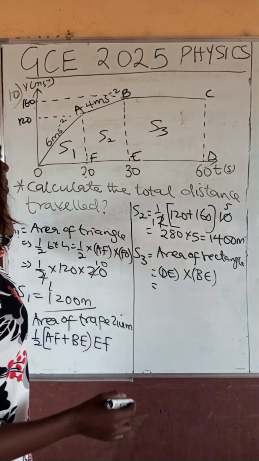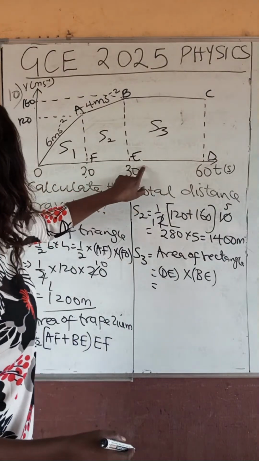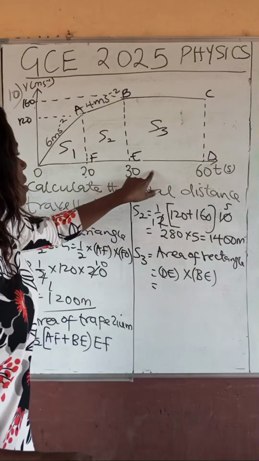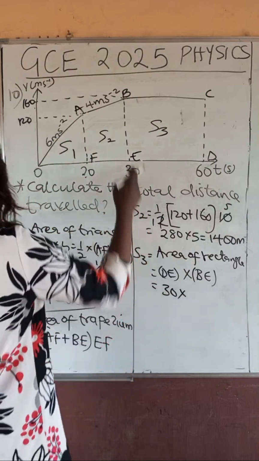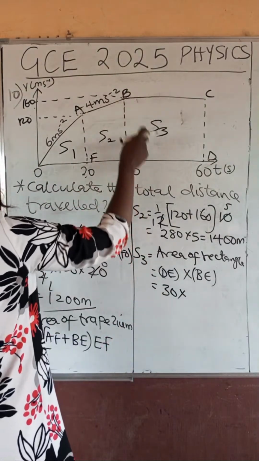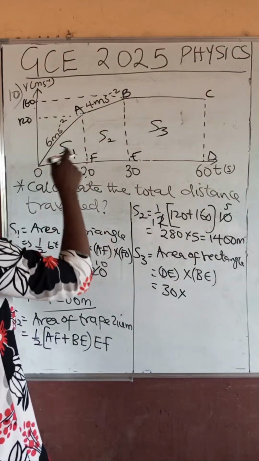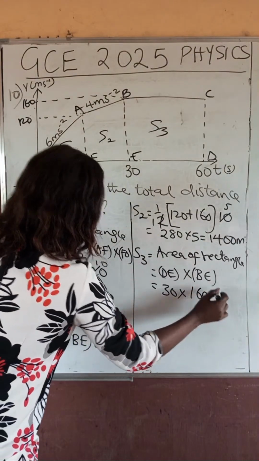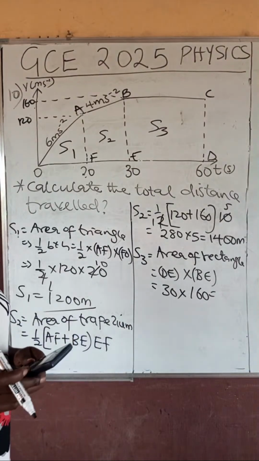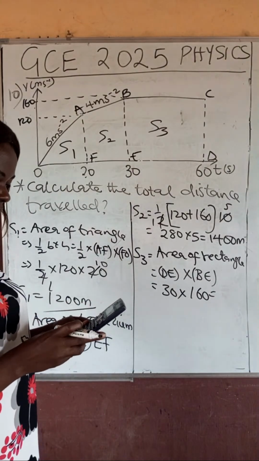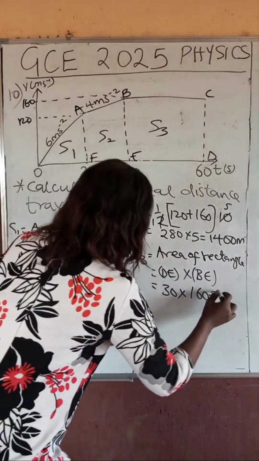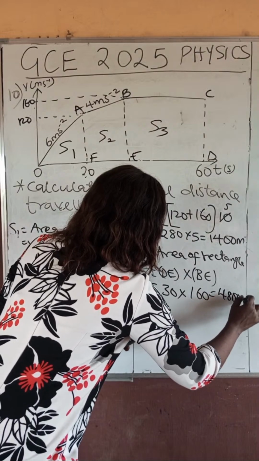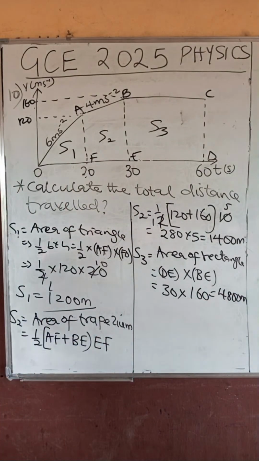So what is my DE? The difference, 60 minus 30, is 30, multiplied by BE, that is 160 minus 0, 160. Let's multiply: 30 multiplied by 160, I will have 4,800 meters. Now I've gotten the different distances traveled.